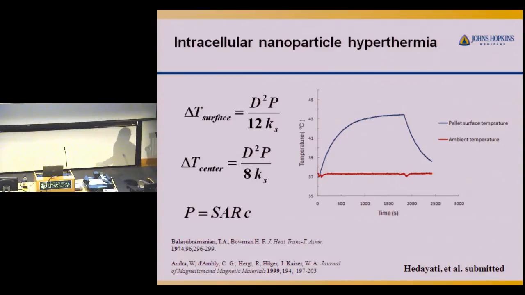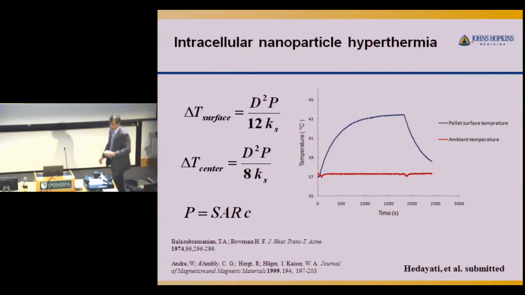You can see that the temperature gradient depends on the diameter squared and P, which is the power. And the power here, because it's being generated by nanoparticles, is really just the product of the concentration of the particles and the concentration-normalized specific power loss. On the right-hand side, I just show you a graph.